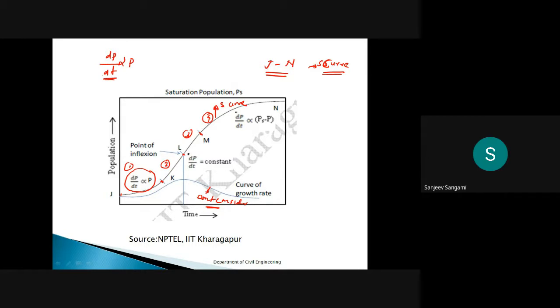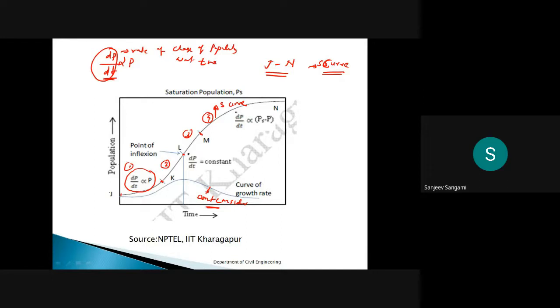This terminology stands for the rate of change of population with respect to time.